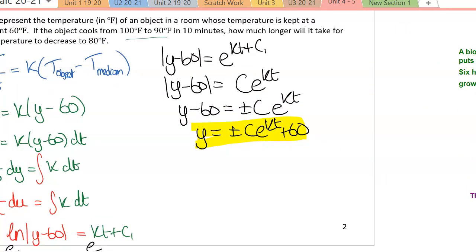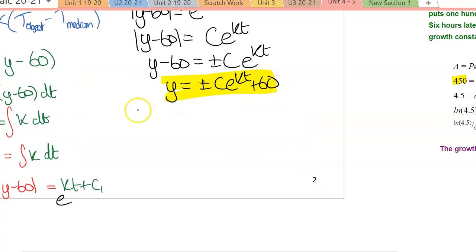So if the object cools, here's what we need. It tells us if we go from 100 degrees to 90 degrees, it takes 10 minutes. So there's our data that we can use to find some of these unknowns that are showing up in this problem. Okay, so at the initial value, time 0, we have 100 degrees.